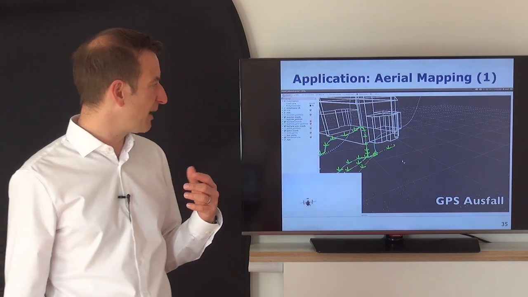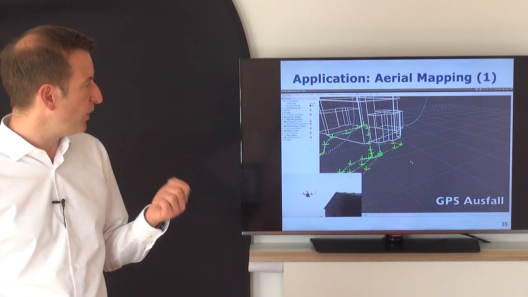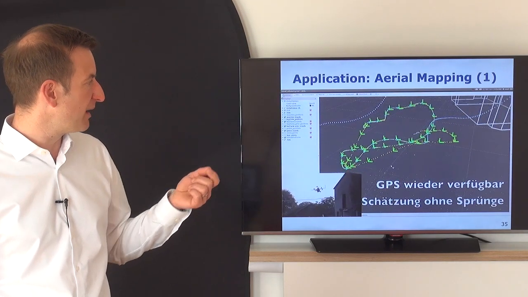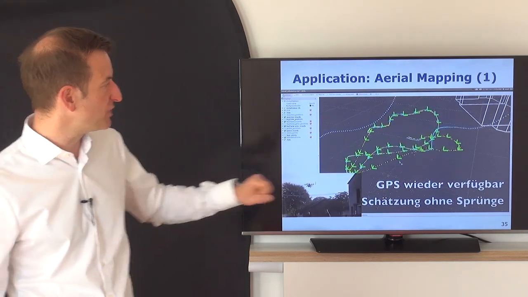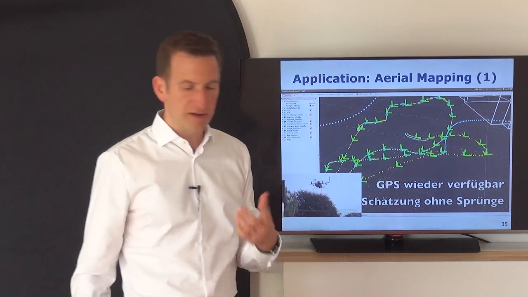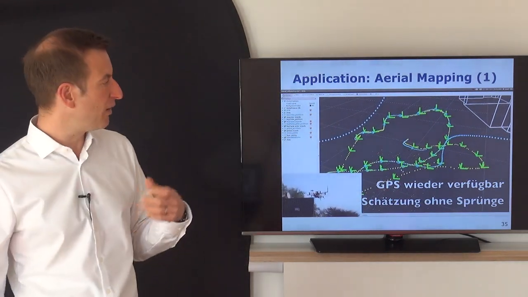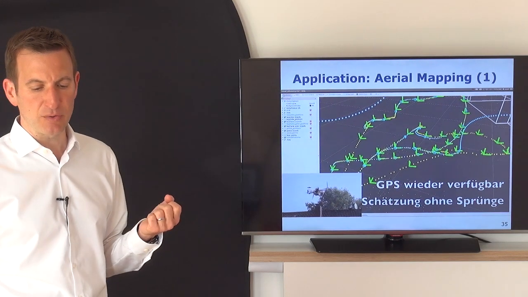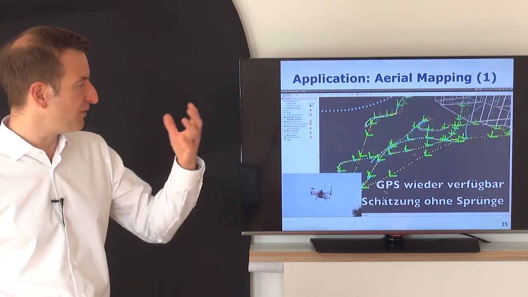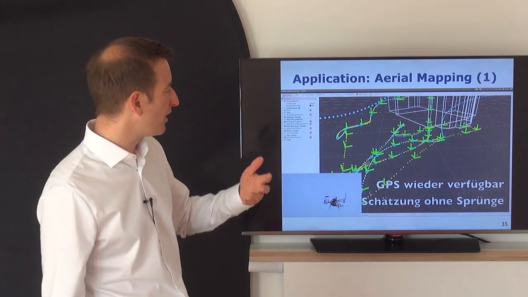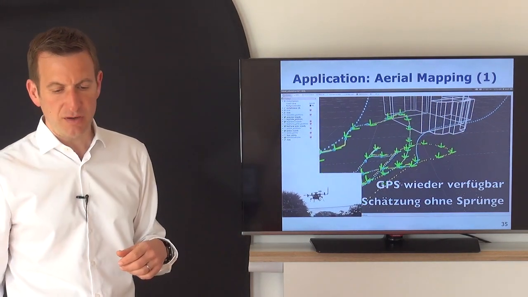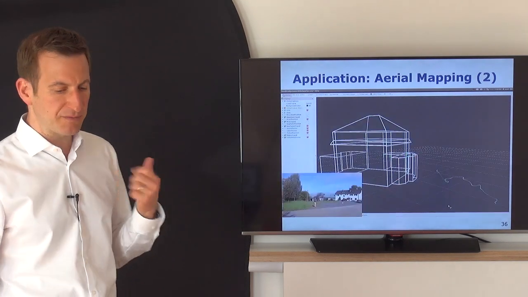And even if GPS comes back after some time, we are today able to perform highly accurate GPS visual odometry, so that we basically can track the position without having substantial inconsistencies or jumps in this mapping process. And this allows us to estimate where the UAV is, where the cameras are.